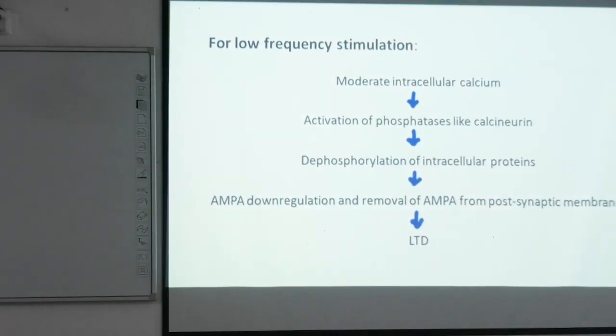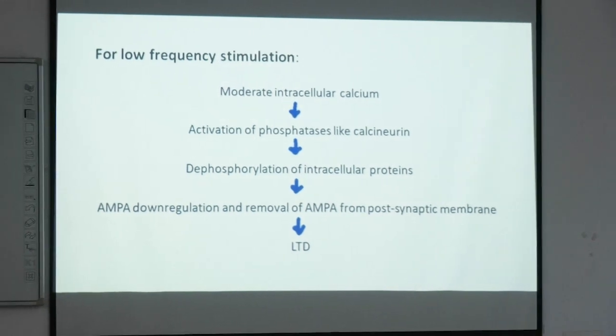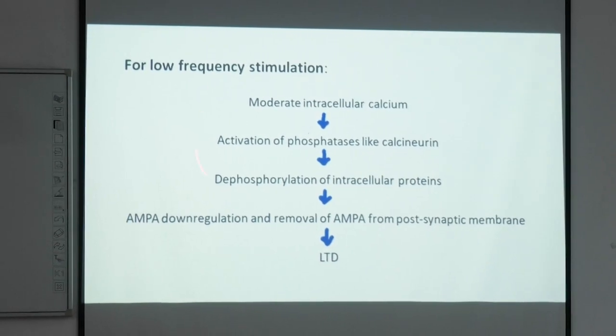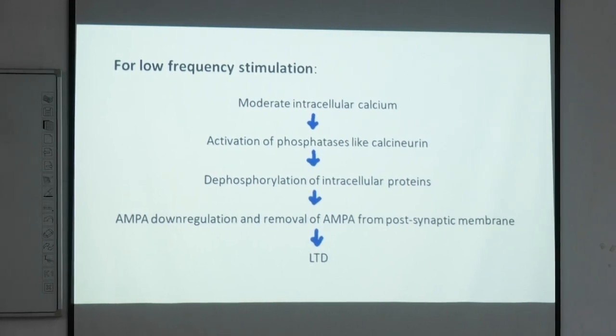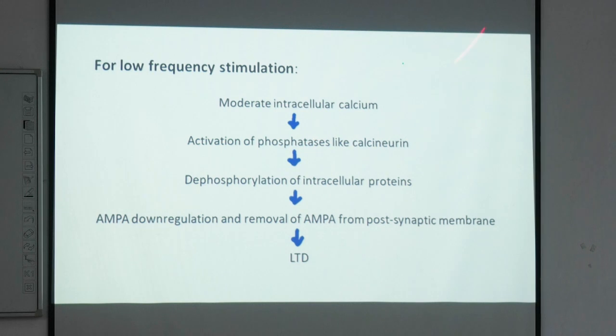And for low to moderate intracellular calcium, what happens? With low frequency stimulation, the calcium increase is not that high. There will be moderate intracellular calcium, and it will activate phosphatases. You need to remember the name: calcineurin is a phosphatase. A phosphatase splits phosphate, so there is dephosphorylation of intracellular protein, AMPA downregulation, and removal of some AMPA from the postsynaptic membrane.